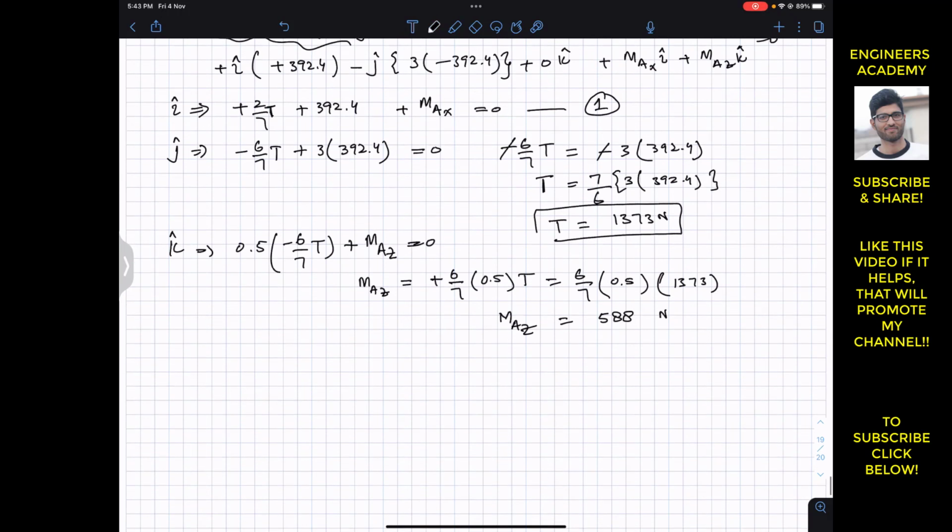From equation 1, we can write that max is equal to minus 2 divided by 7t, which is 1373, minus 392.4.